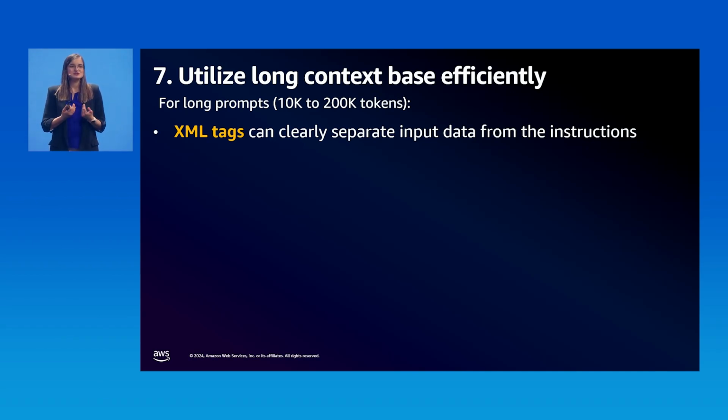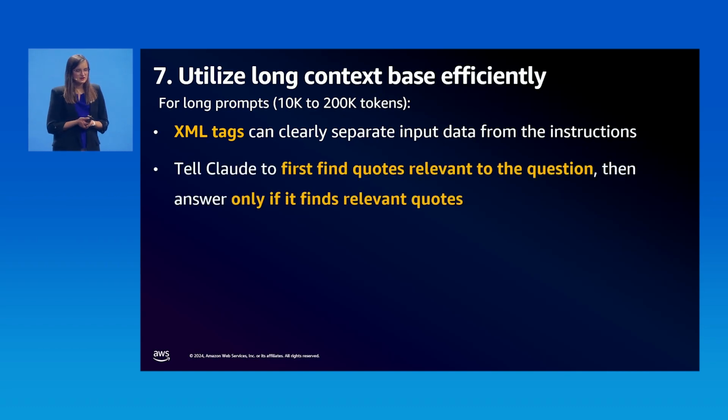And to utilize this context window effectively, what we recommend is again to consider XML tags to separate what we are passing from instructions. We would also think about using quotes for us to have a response that is closer to the content that we are passing.